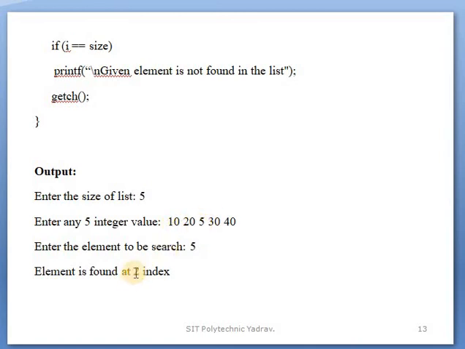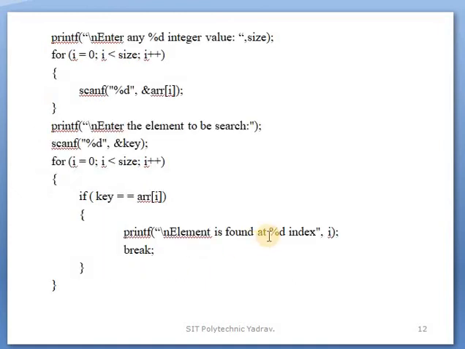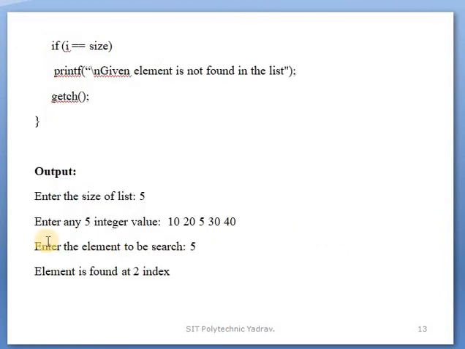The 5 is found at position 2, so 2 is displayed through %d, since i is used as the index. Then break the loop and exit the program.